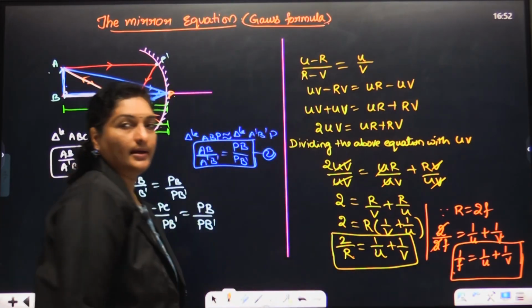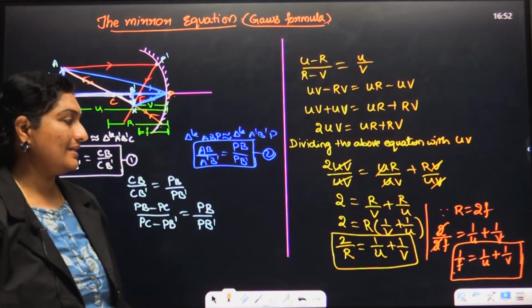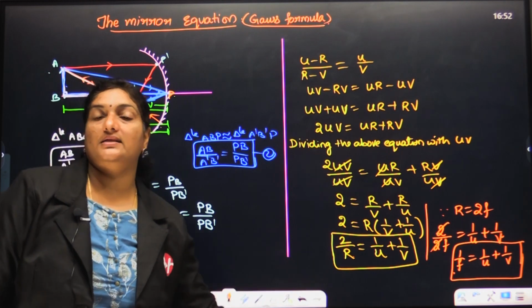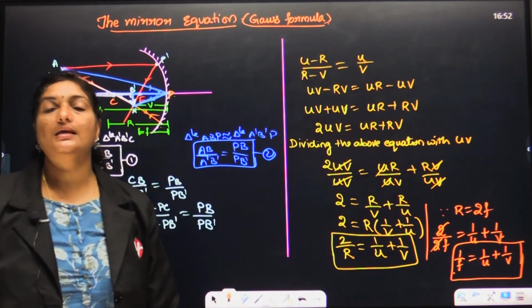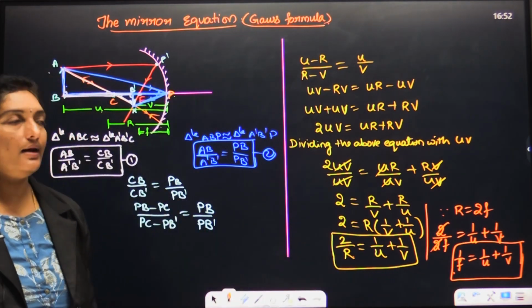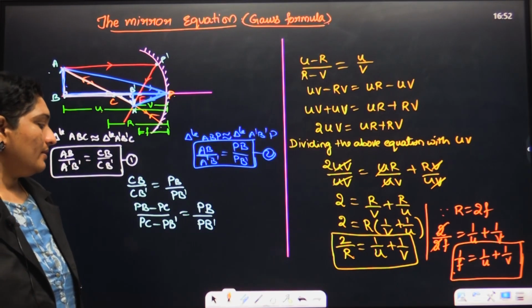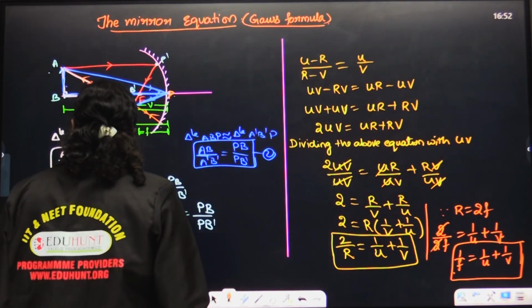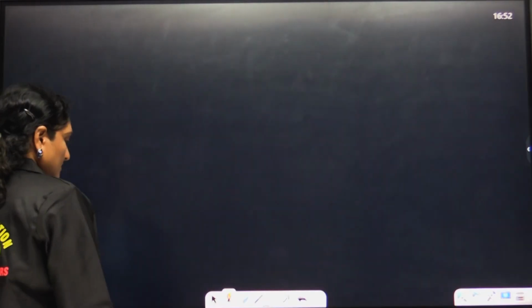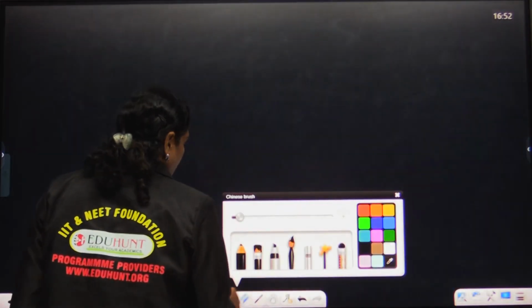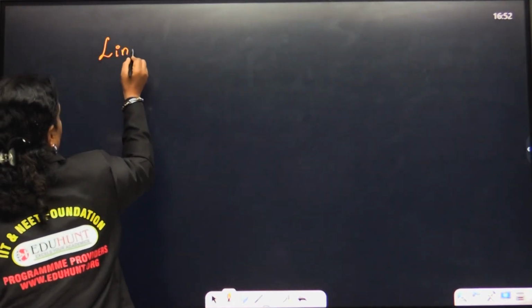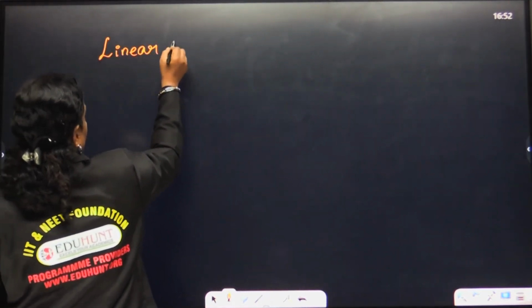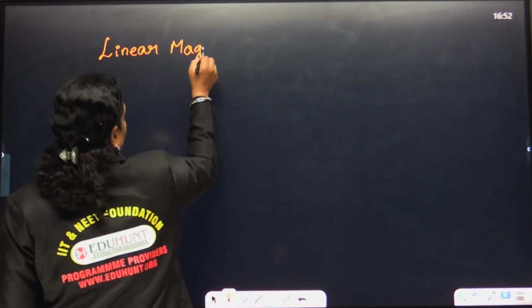This relation between object distance, image distance and focal length is called your mirror equation. Now moving to the next one, all about magnification, or generally called linear magnification. Next topic is all about linear magnification or simply magnification.